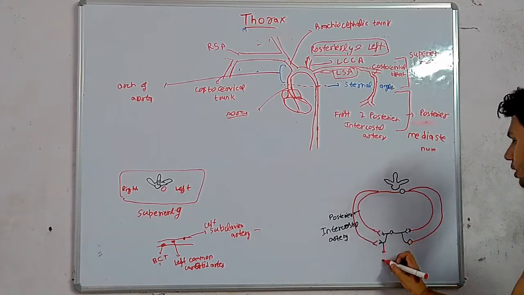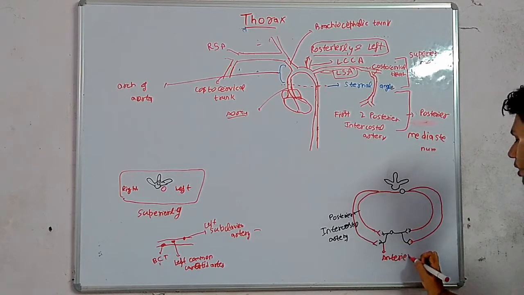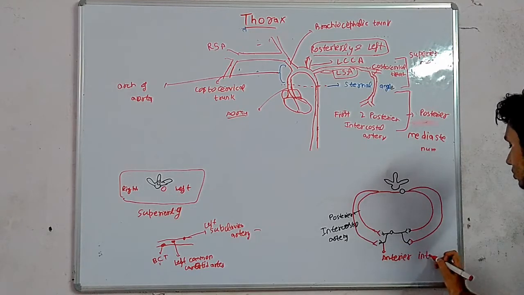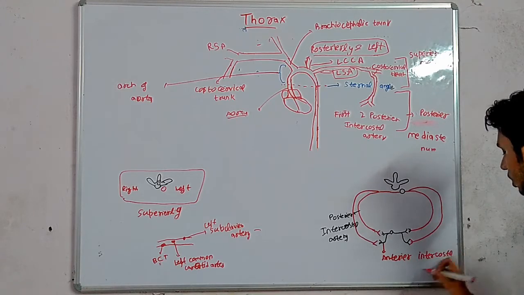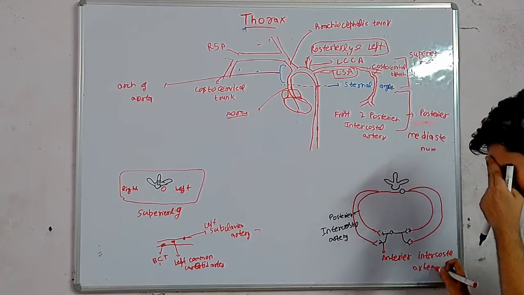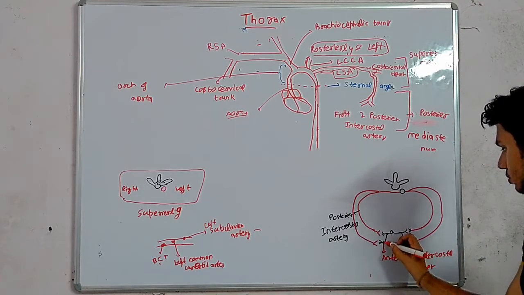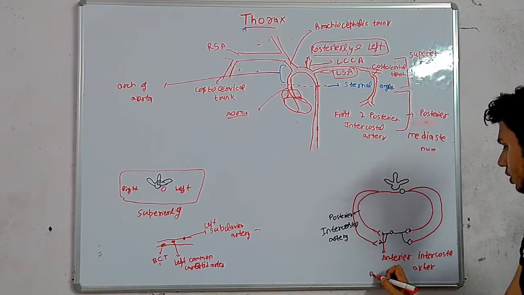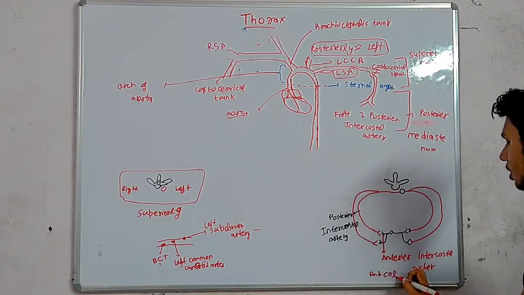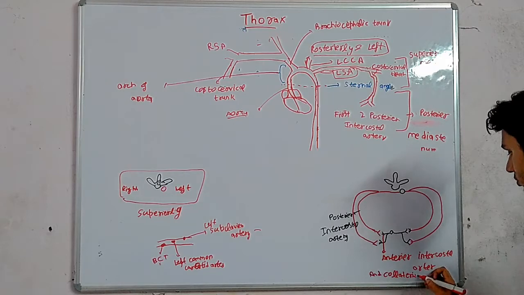These are the anterior intercostal arteries and collateral branch.